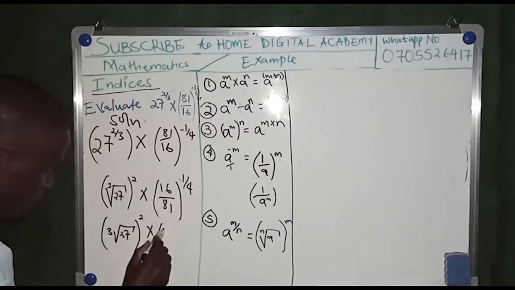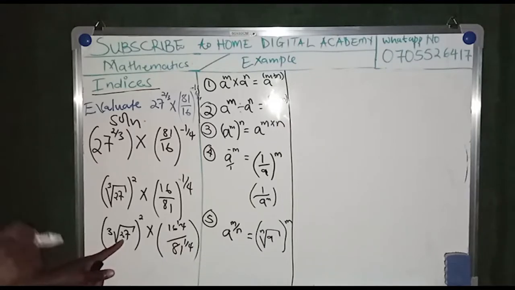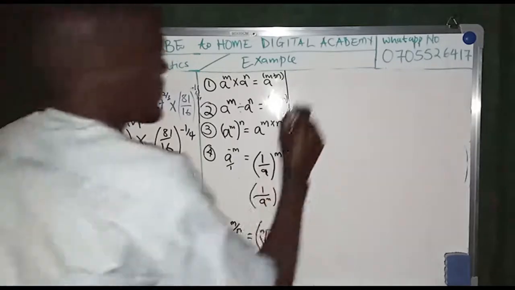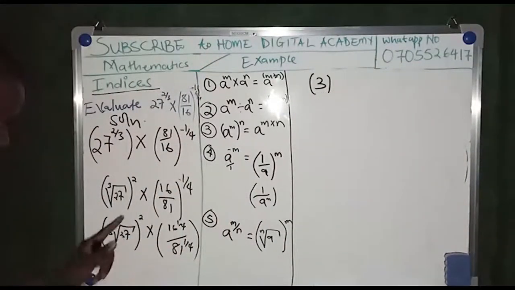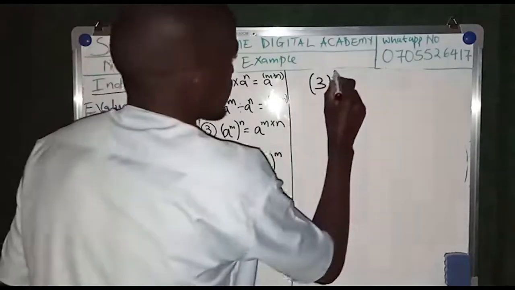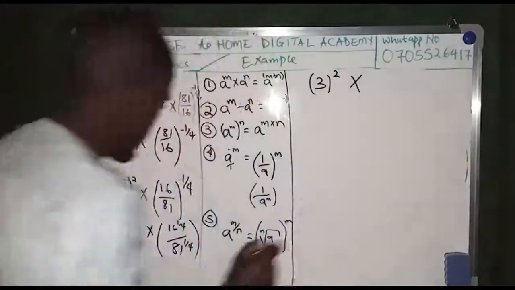So here it will be 16 a quarter divided by 81 a quarter, like that. Now, if you get the cube root of 27, it will be 3. You can use a calculator. It will be 3. That is a 3 just inside here, but there is a square up there. So it's squared, then times.